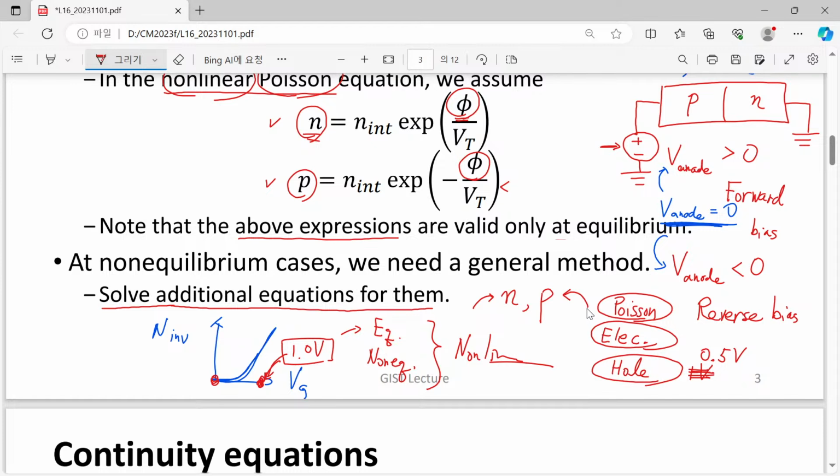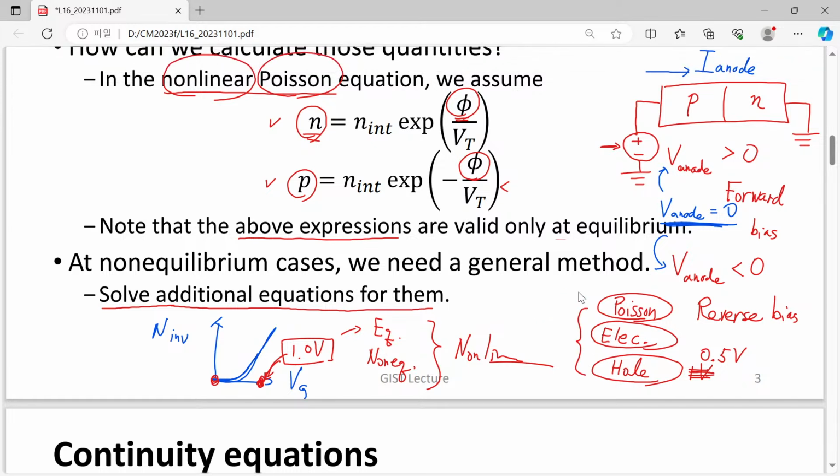We need these three equations, and these three equations will be the basis for our analysis. Please understand the reason why we need two additional equations. Do you have any questions? Please feel free to ask any question on the lecture material.